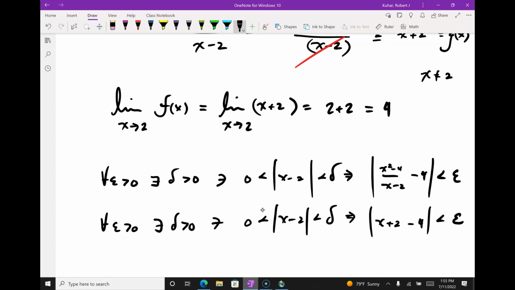And now when x is 2, what number do I get in here? 0. Is that less than epsilon? Epsilon is a positive number. So it works, by replacing my function with a replacement function. How am I going to get the replacement function? Factoring, conjugates, LCD. Sometimes a combination of two of them or all three of them.